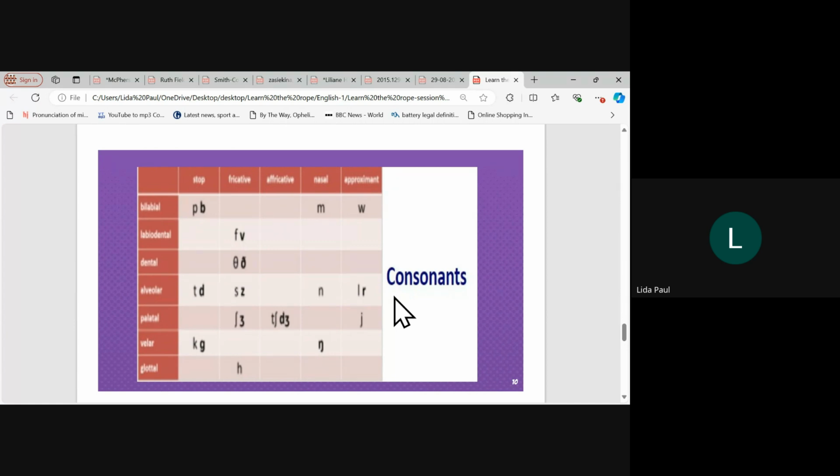This property is mimicked in the approximant sounds when you articulate sounds like w, l, r, y, right? Comparatively to the other sounds, as we have just discussed, the airflow is too free. Hence, sometimes when some of these sounds are articulated, they almost have a vowel-like quality.